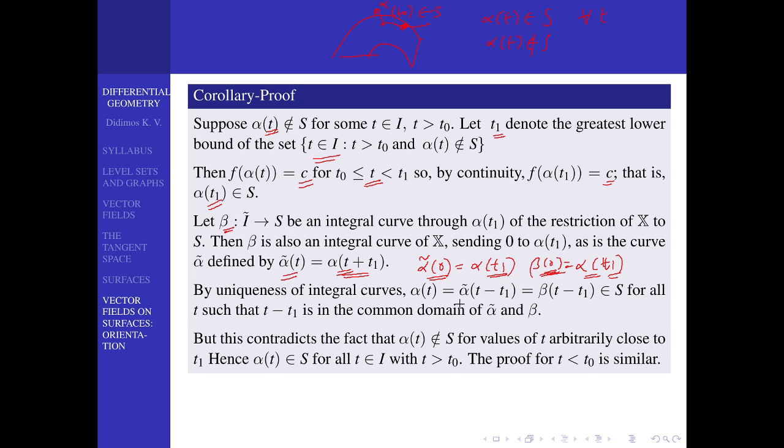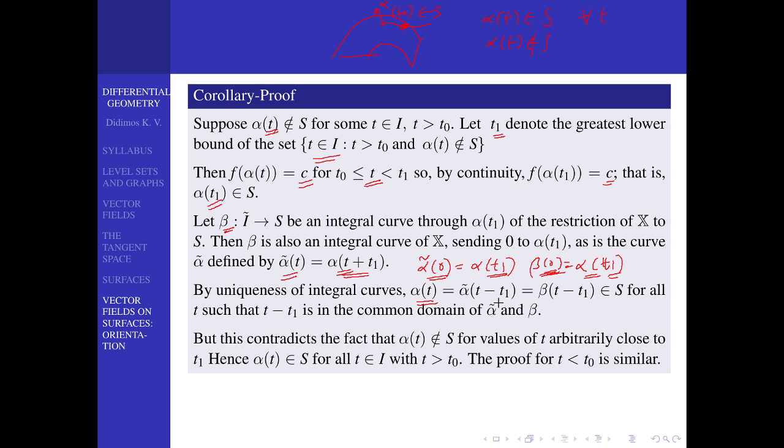So we can say that alpha of t can be written as alpha tilde of t minus t1, and this coincides with beta in some neighborhood of t1. So we get alpha tilde of t minus t1 is equal to beta of t minus t1, which belongs to S for all t such that t minus t1 is in the common domain, that is, some neighborhood of t1.